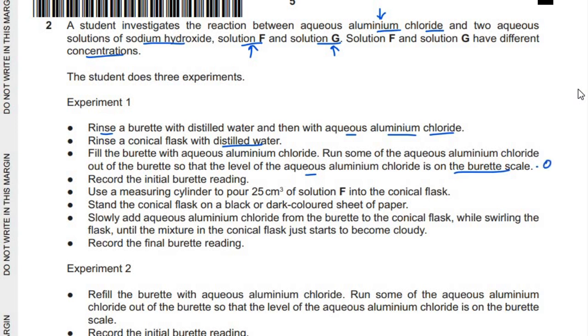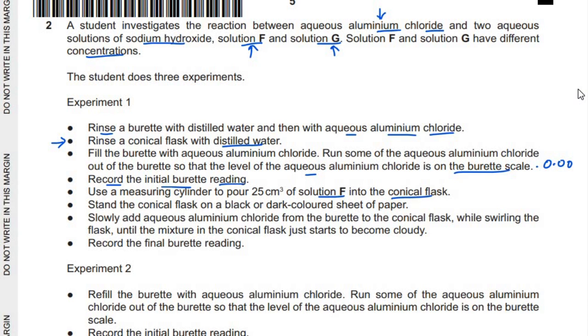Now burette scale means we need to set it up to either 0.00 or some perfect reading, you can say a round figure. Now record the initial burette reading. Use a measuring cylinder to pour 25 cm³ of solution F into the conical flask. Now we are pouring NaOH solution F into the conical flask, which we have already rinsed with distilled water.